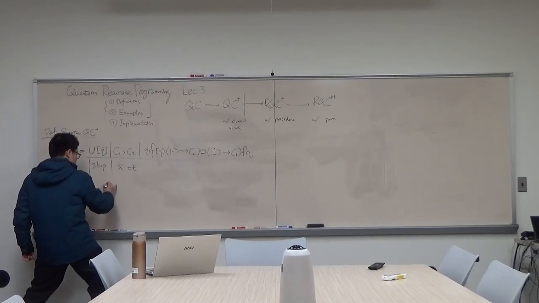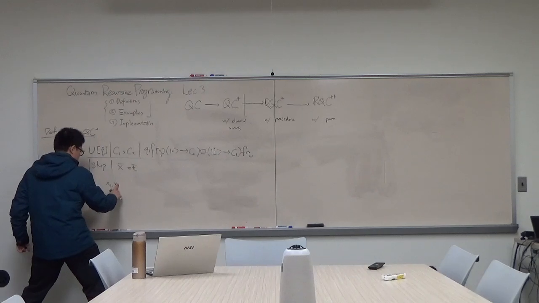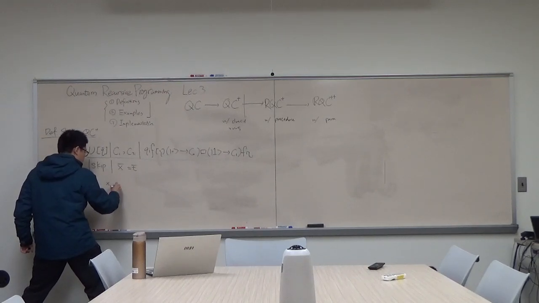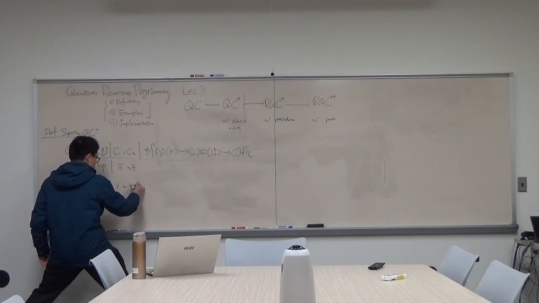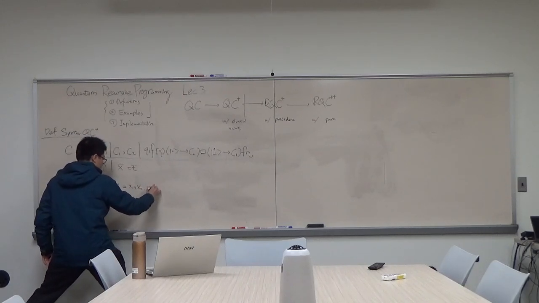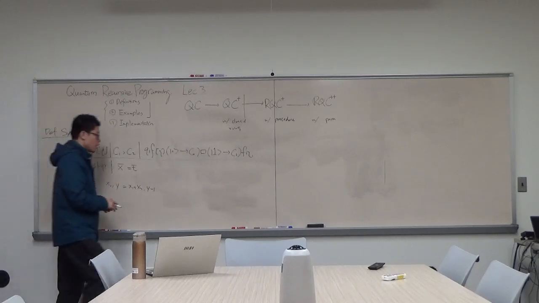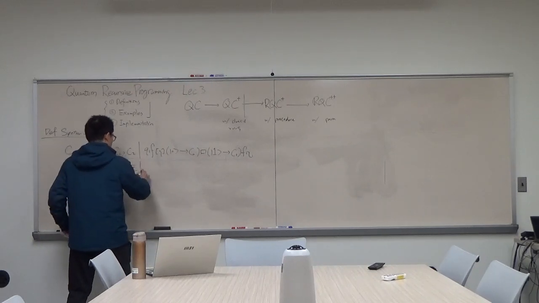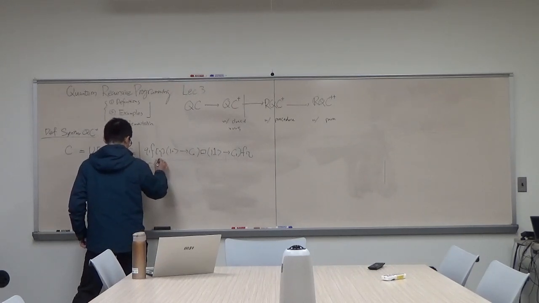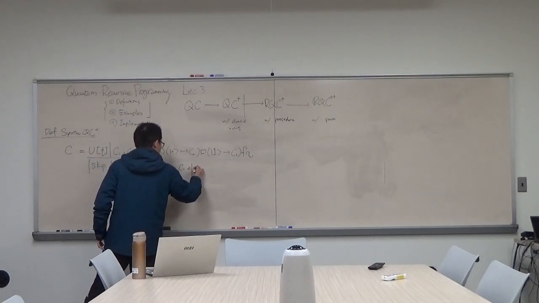For example, you can write x1, x2, or just x, or x1, y, we assign it to be x1 plus x2, y minus 1, something like this. So this is just a standard classical assignment. And we can also do the classical if then else statement. So if B, then C1, else C2.